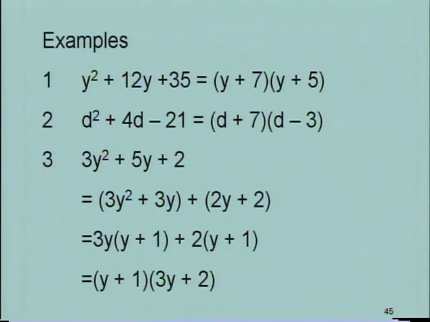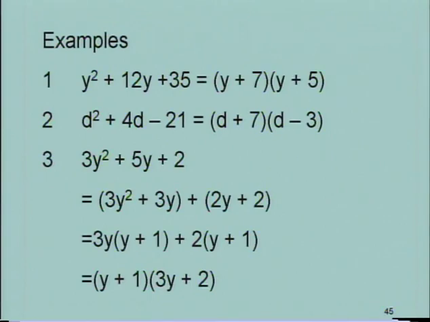In the third example, 3y squared plus 5y plus 2. In this case, we would be looking for a slightly different technique. The coefficient of the first term, which is 3, and the last term, which is 2, you multiply 3 times 2, you have 6. Two factors of 6 would be 3 and 2.